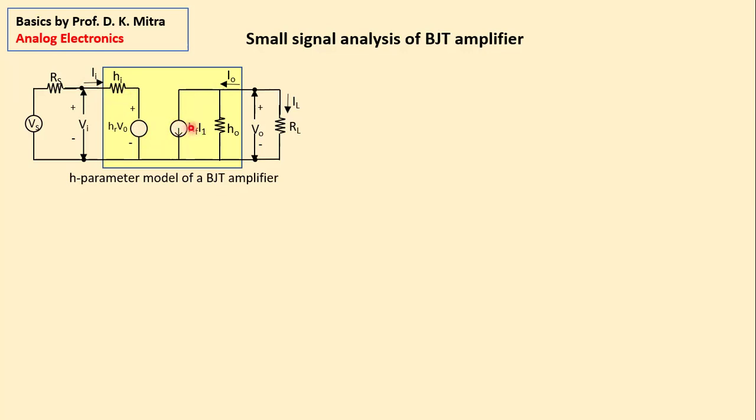This HF is called current gain, right? And there is always an output admittance or output conductance HO. So HI, HR, HF, HO, these are the four hybrid parameters of the transistor, and this yellow box is the general transistor model.